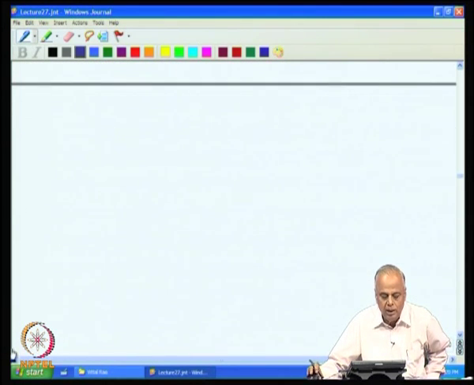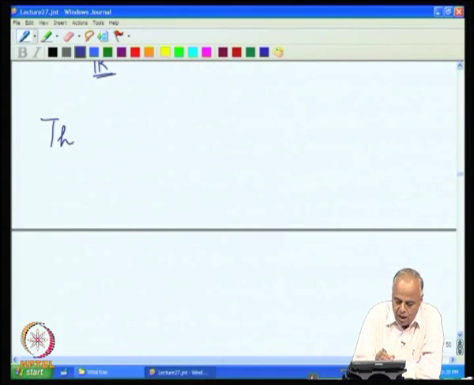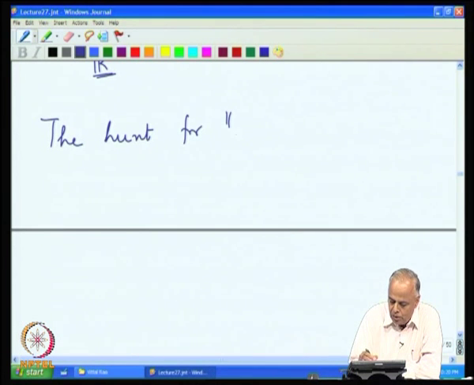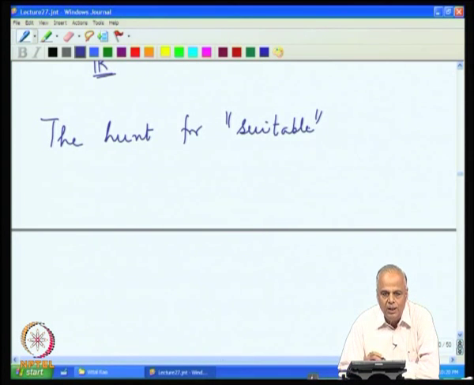The main hunt for suitable bases, we will explain as we go along what is suitable for us. We will look at the questions we have asked, and we will see which is the basis that makes the working easy for us, gives the answers in easy language, and those are the bases that are suitable for us.